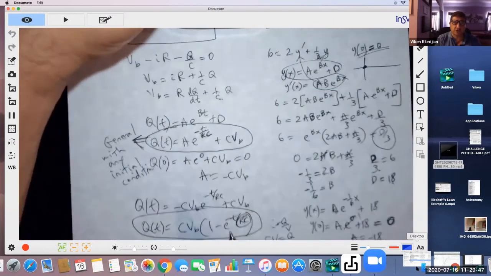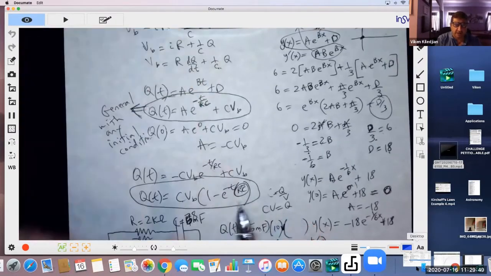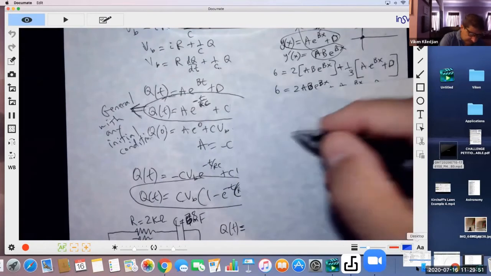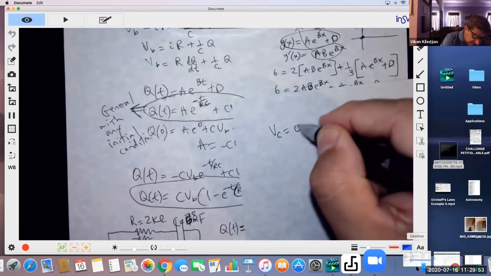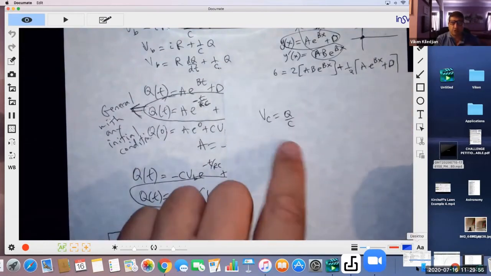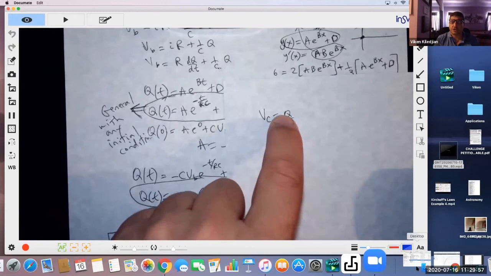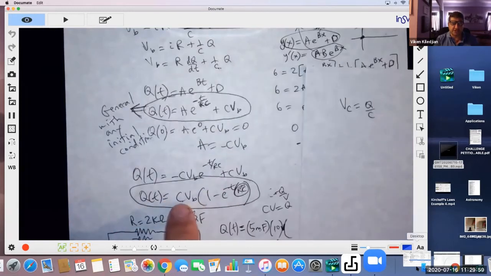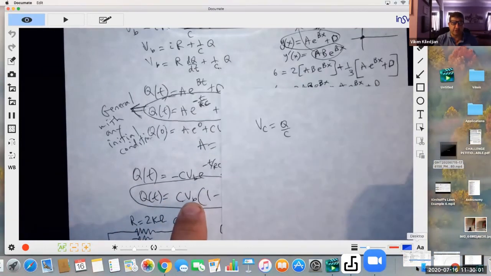Well, once we know the charge, we can then remember voltage of capacitor is charge over C. So once you know the charge of the capacitor, just divide this by C and you'll have an equation for the voltage across the capacitor.